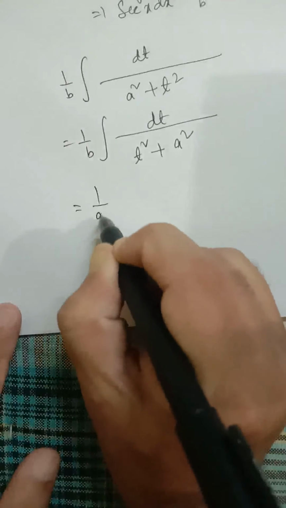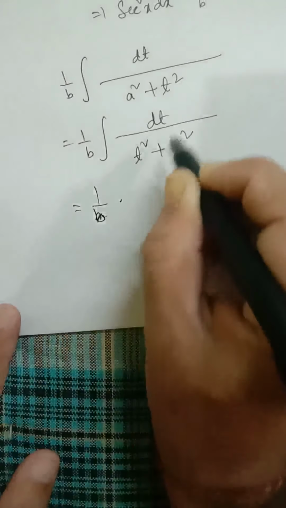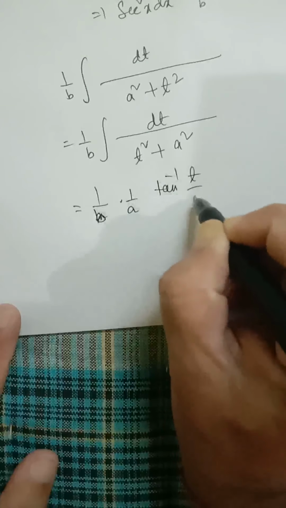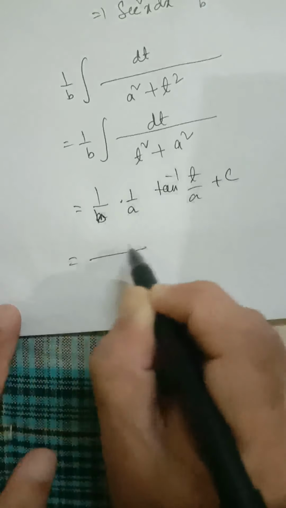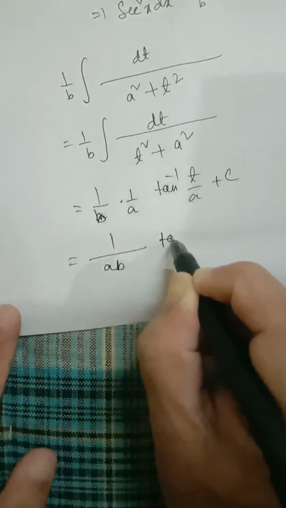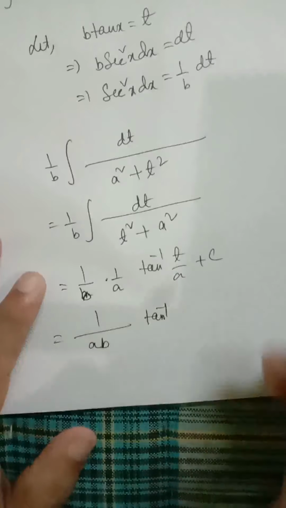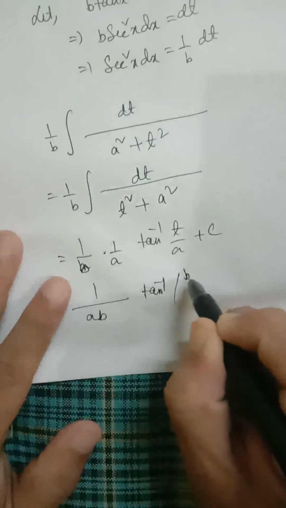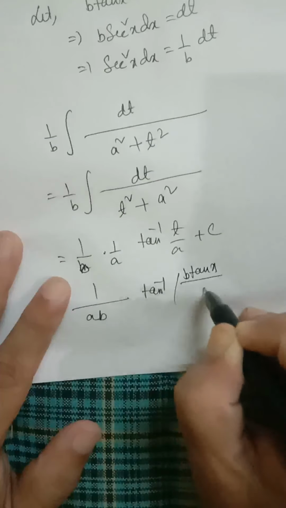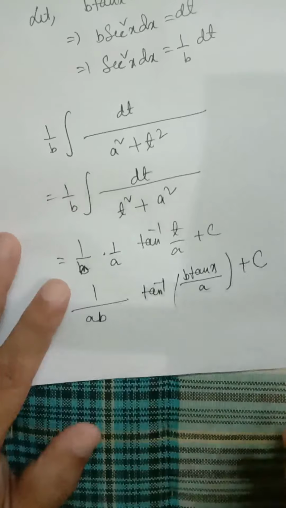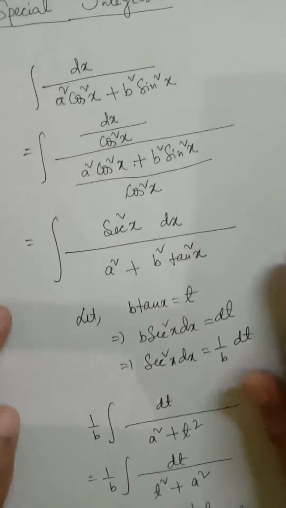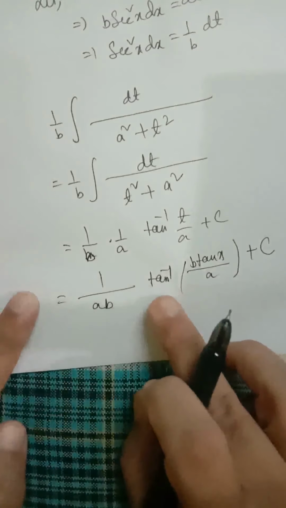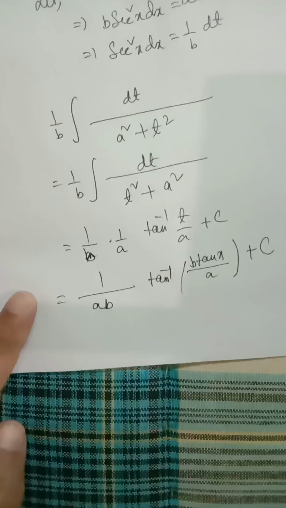Its integration will be 1 by a tan inverse of t by a, so we get 1 by ab tan inverse of, here t equal to b tan x, so it will be tan inverse of b tan x by a plus c. So this is the integration of dx by a square cos square x plus b square sin square x: 1 by ab tan inverse of b tan x by a plus c.